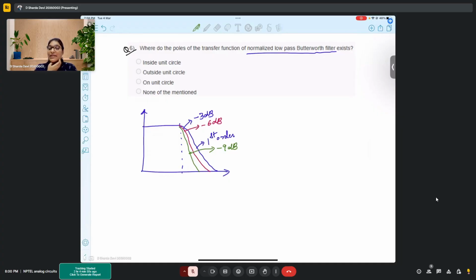So at the cutoff point where you have your poles, as you keep increasing the number of poles in order to increase the steepness of your curve, you start losing the gain at that cutoff frequency.